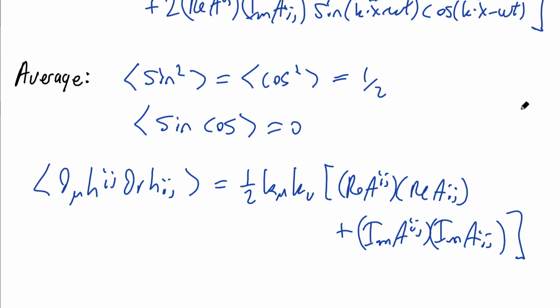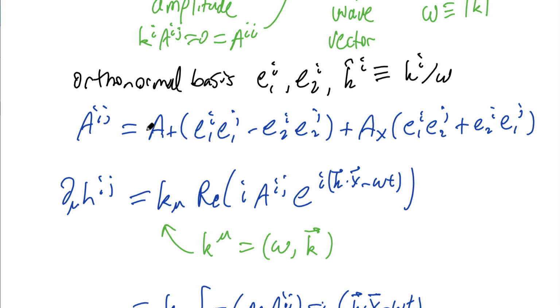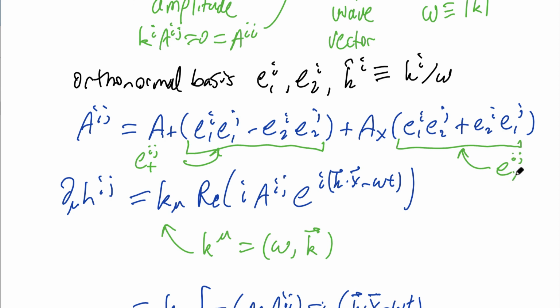And now we can insert our expression for the amplitude in terms of the plus and cross polarizations, which is right here. And for notational simplicity, let's let this combination of basis vectors be denoted Eij plus, and this combination we'll denote by Eij cross.